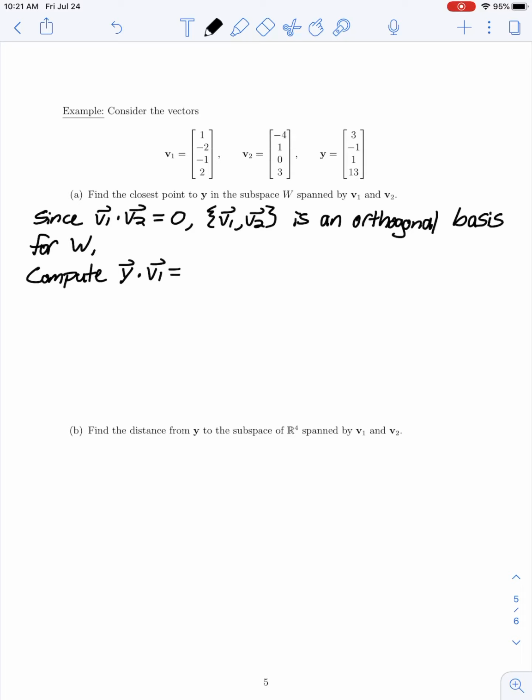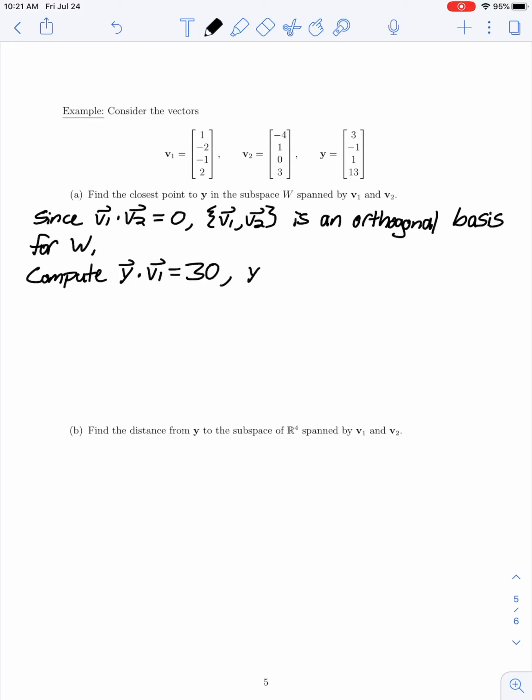So here we would have 3 plus 2 minus 1 plus 26. So that leaves us with 5 minus 1 is 4, and then plus our 26 would be 30.